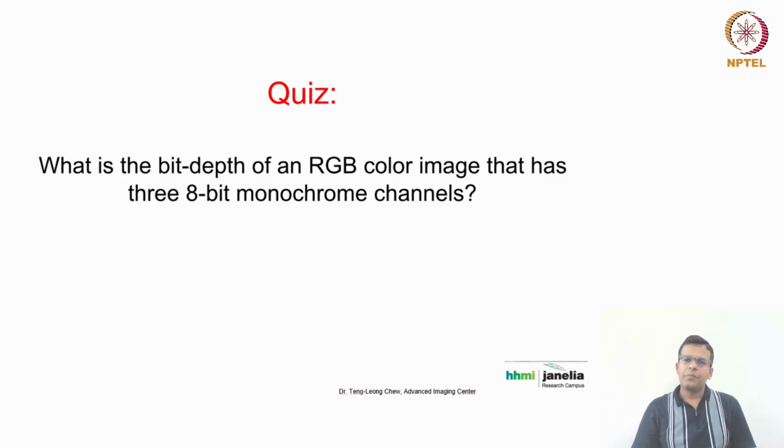So a simple question: what is the bit depth of an RGB color image that has three 8-bit monochrome channels? Suppose you are seeing an RGB image, that is a color image in red, green and blue, and each color was captured by an 8-bit monochromatic camera.